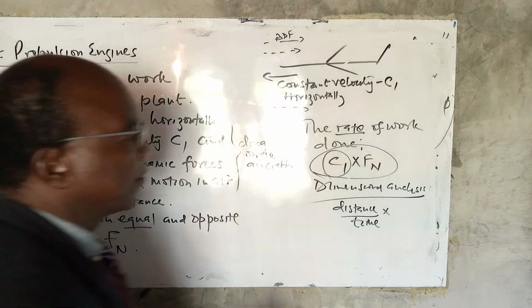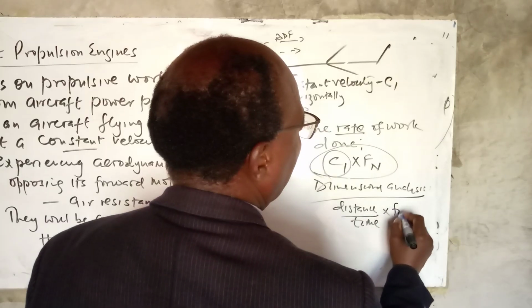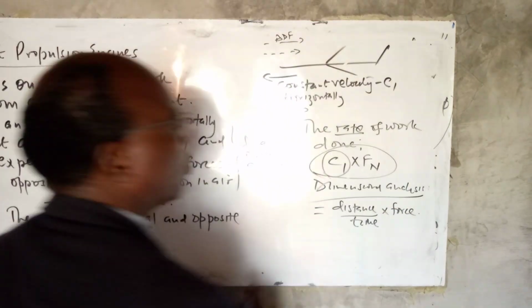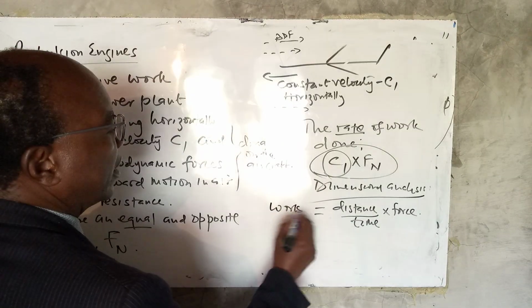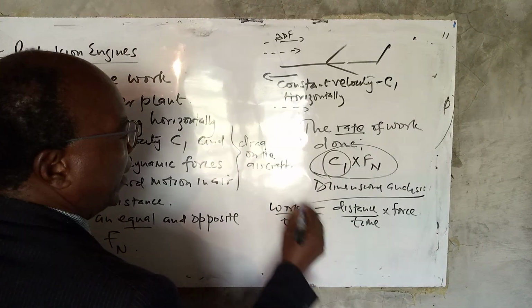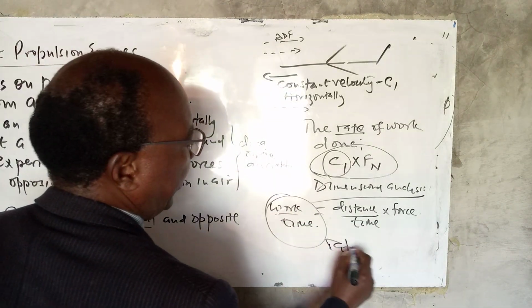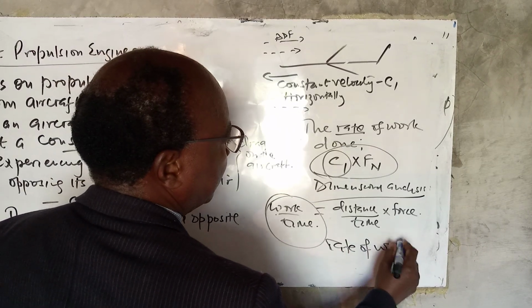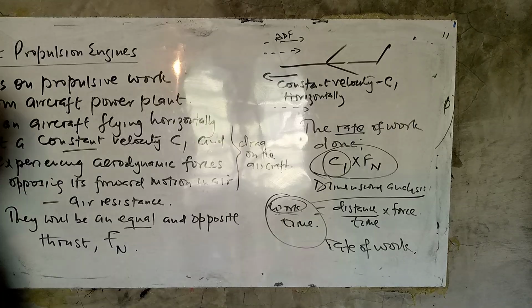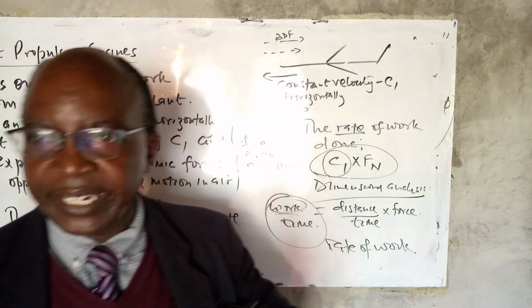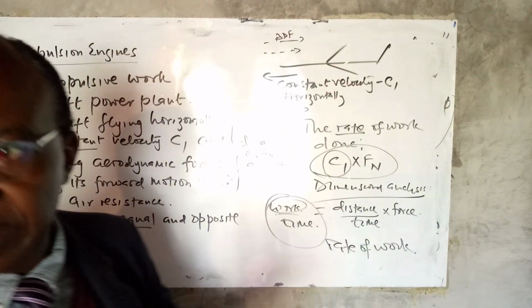That's the force. So what is this quantity? Force times displacement is work over time. That gives you the rate of work, because that's work over unit time. Very important to always remember: anytime you see the word rate, always remember time is there.